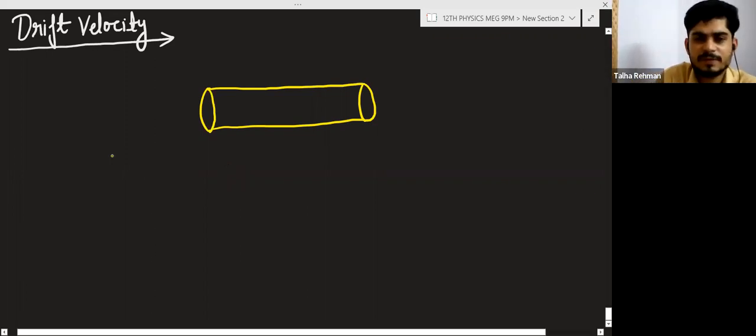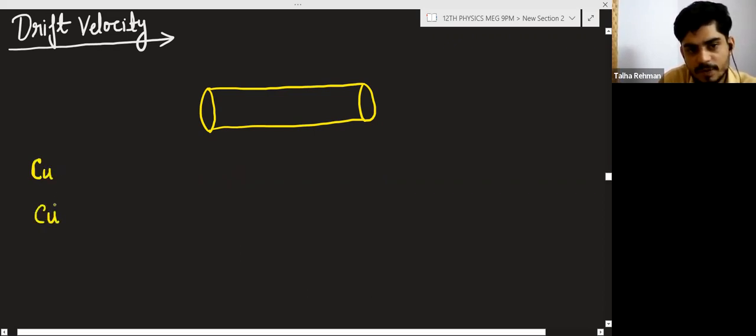Like if you are taking copper, you know about the copper positive. Copper positive means this copper has given one electron. In chemistry, is it right or no?